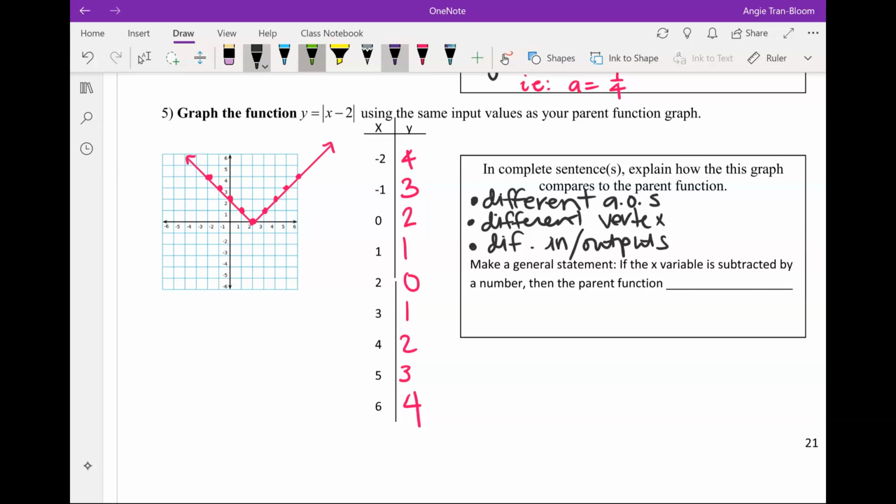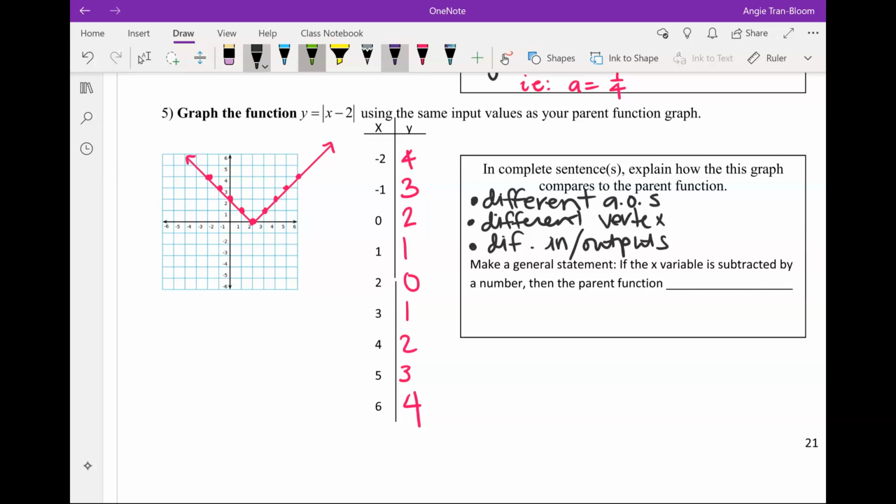Would you guys agree that inside we have done what? What did we do on the inside of the absolute value symbol? We took away 2. When we took away 2, what happened to the parent? Where did it go? Did it stay the same? Did the vertex stay the same? No. Where is the vertex now?